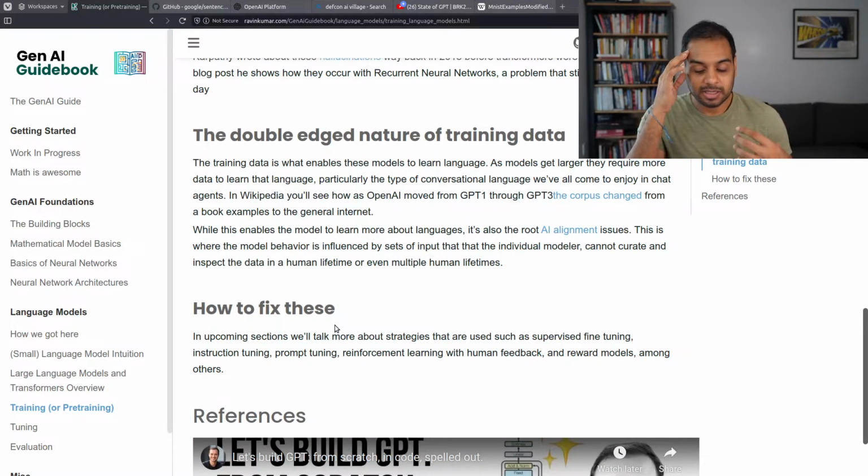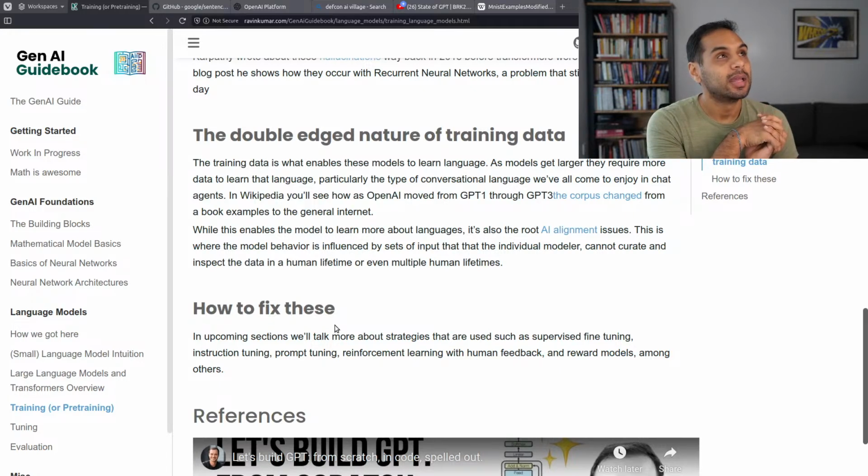However, there's a bunch of strategies to try and make things better. But what I would say at this point is that this set of stages is what's now called, in the AI world, pre-training. It's a little bit of a misnomer, because you're still training the model, so it's not clear where the word pre comes from.